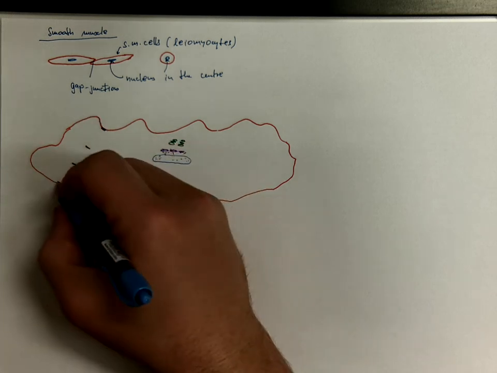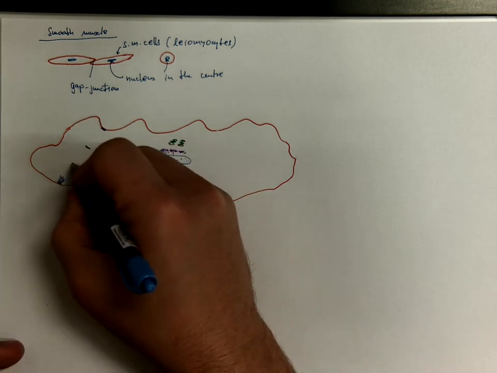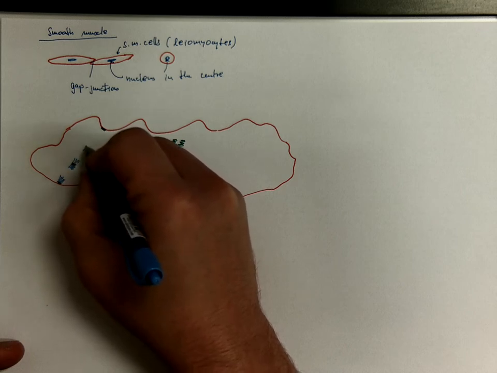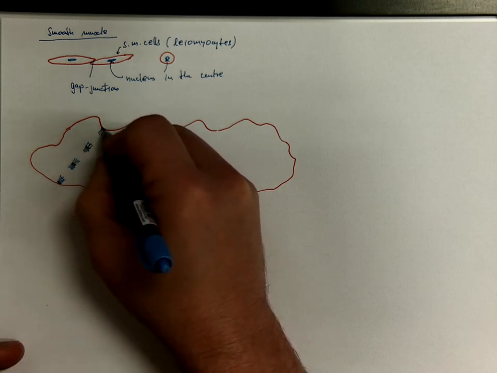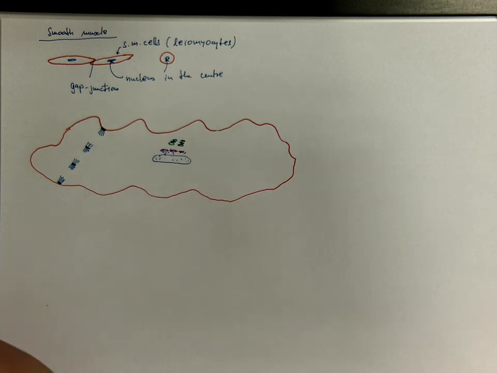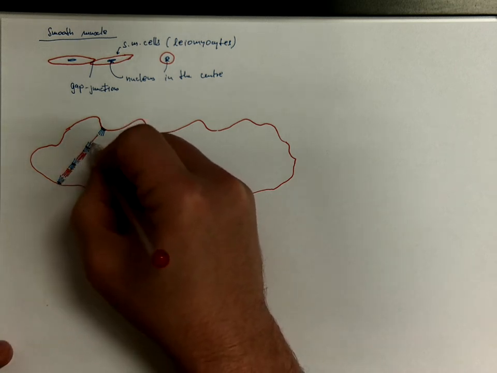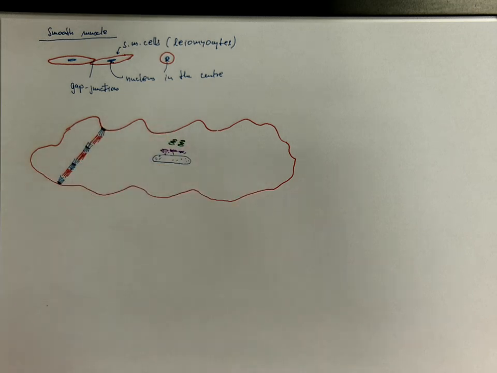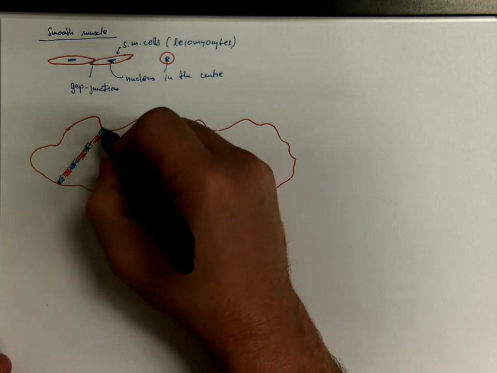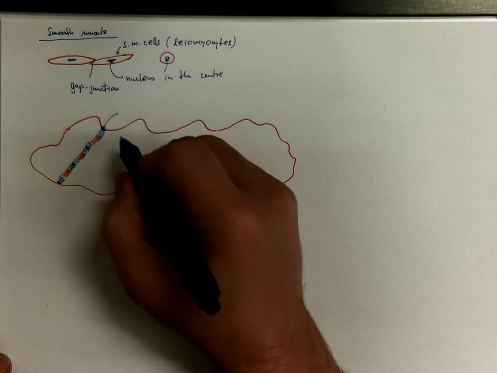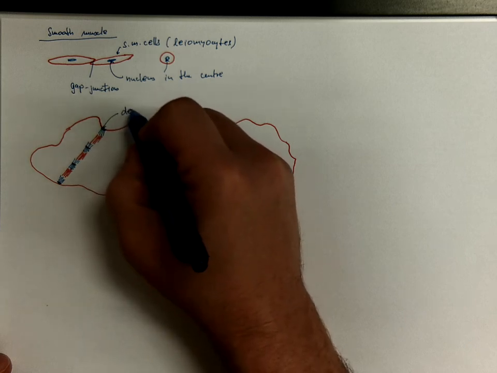So we got actin microfilaments, it's smooth muscle actin. And we got myosin. The sites of insertion on the membrane are called dense plaques.